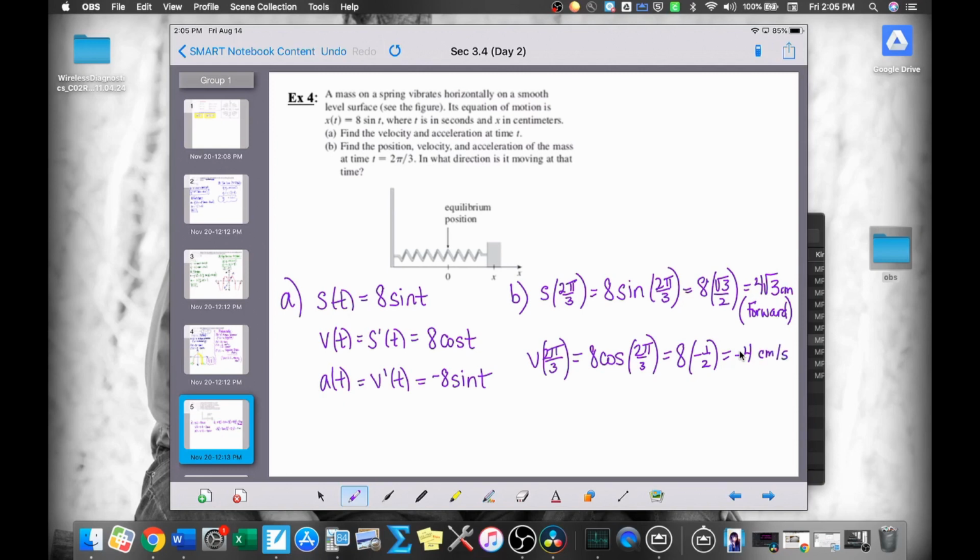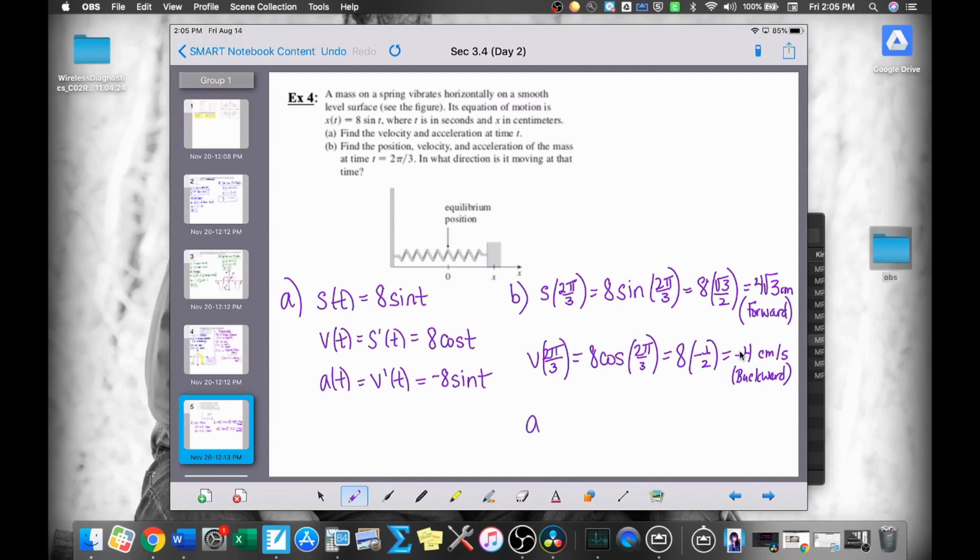Since our velocity is negative, we know that at that point in time, it's moving backwards. Or it has a negative velocity, I guess you could say.